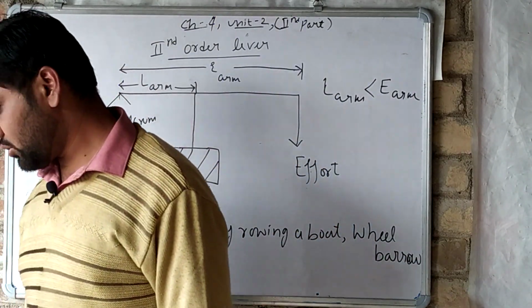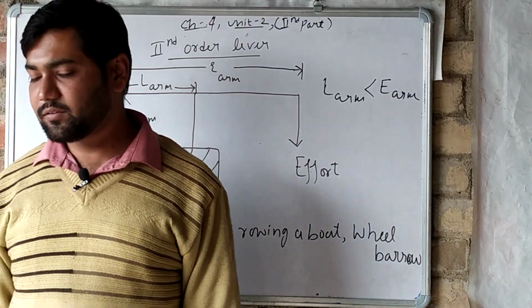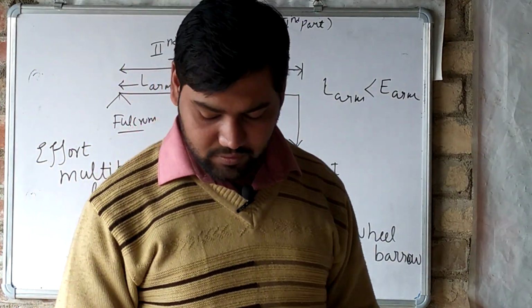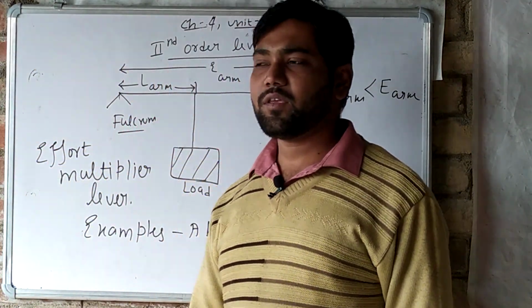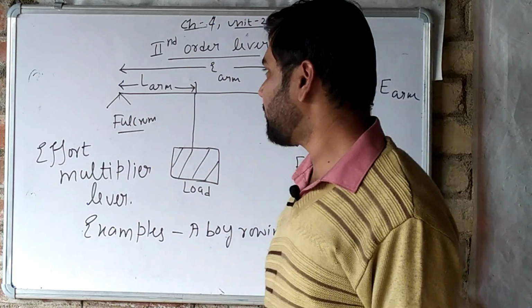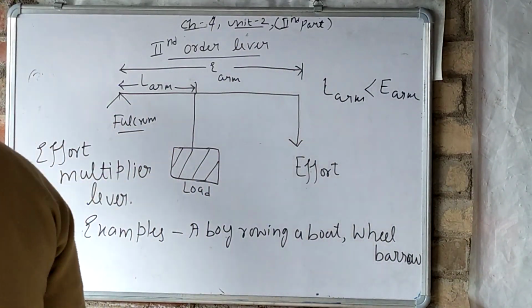A boy rowing a boat and a wheelbarrow are the examples of second order lever given in the book on page number 70. So these are the examples, you have to keep this in mind.